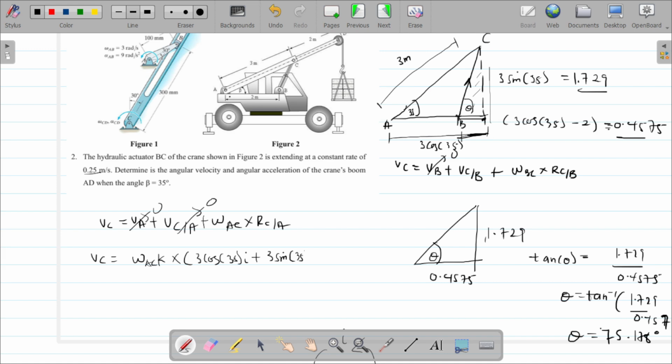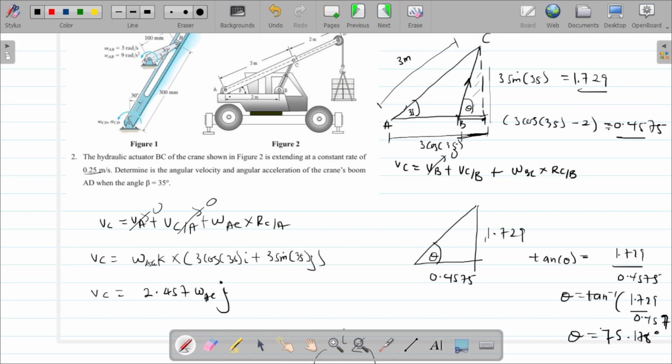So vC will be equal to 3 cos 35, which is 2.457 omega AC i. No, k cross i is j, right?